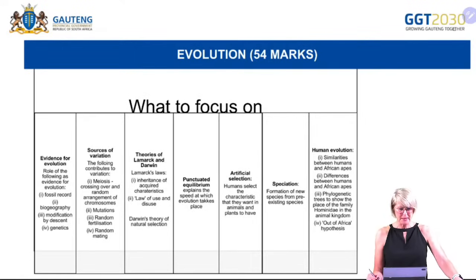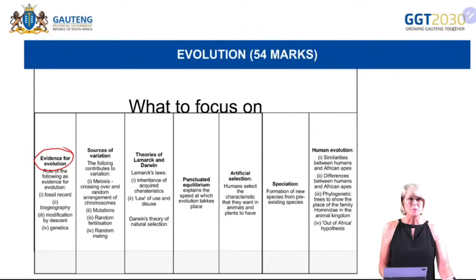All right. Now, specifically, what to focus on. We're going to have a look briefly at the evidence for evolution, and it's very important that you understand the evidence, because in the last couple of years they've been asking about the evidence for evolution quite frequently in the exam.